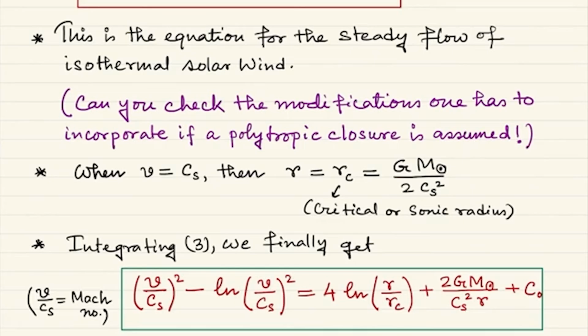But that is another thing. You can do that for fun. Now for Parker's model, in this course I will just discuss Parker's model, which is based on isothermal closure. So you can see that this critical radius changes the nature of the solar wind from subsonic to supersonic.